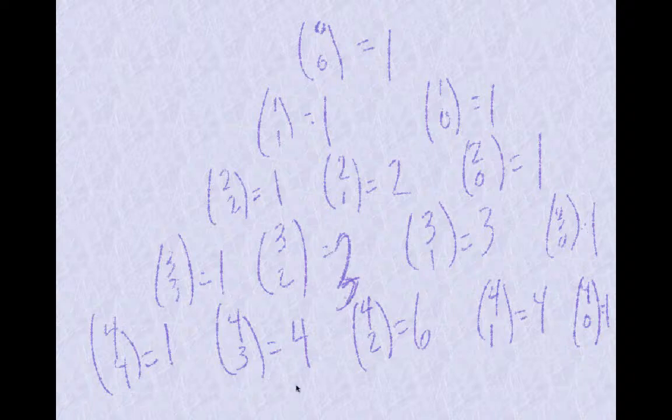Why is it, for example, that 3 choose 2 plus 3 choose 1 is 4 choose 2? Why should this be? That's what I'm going to write a proof of, but with a kind of random n.